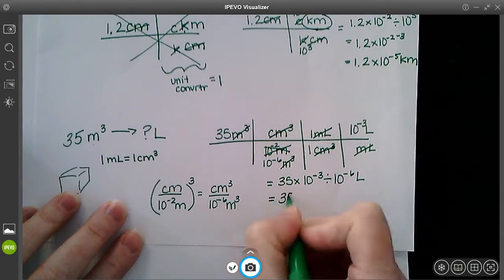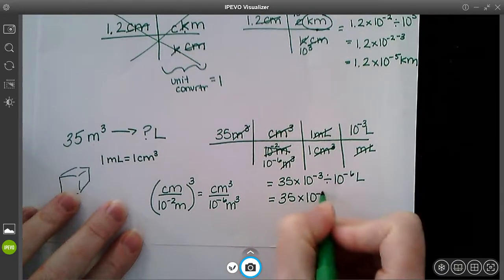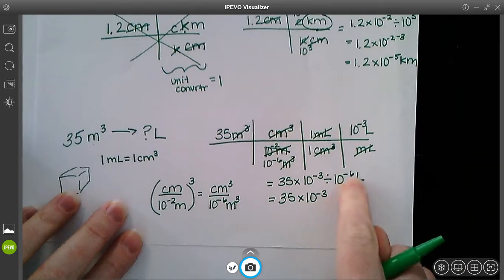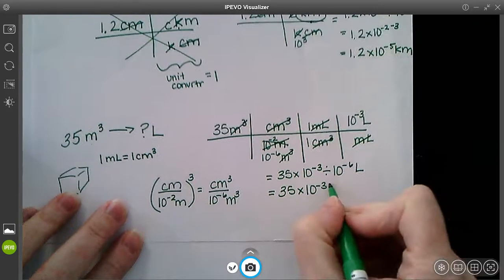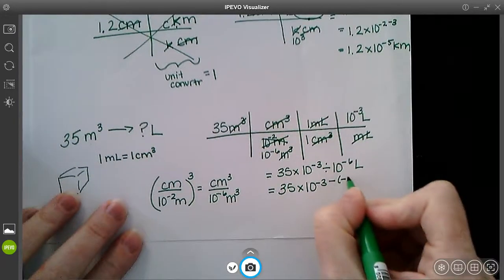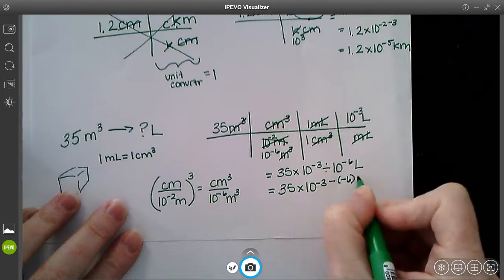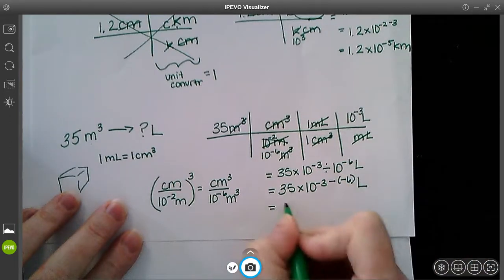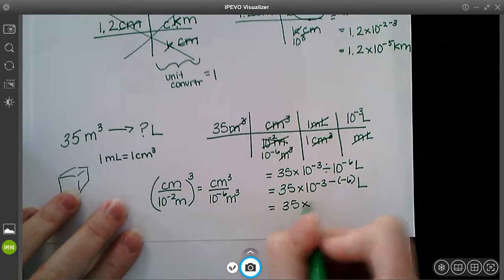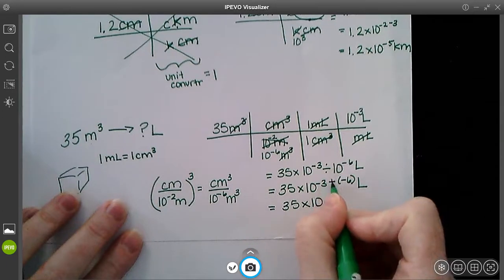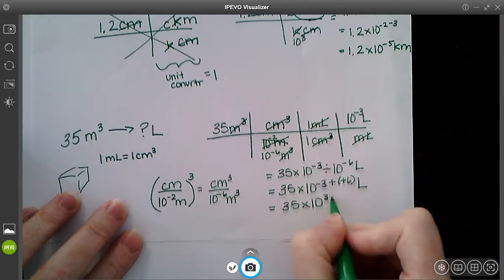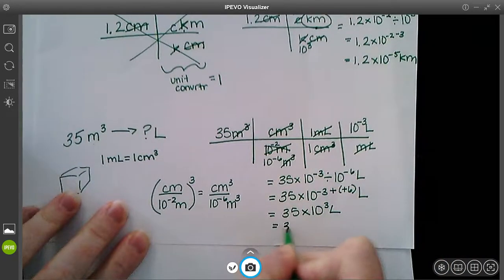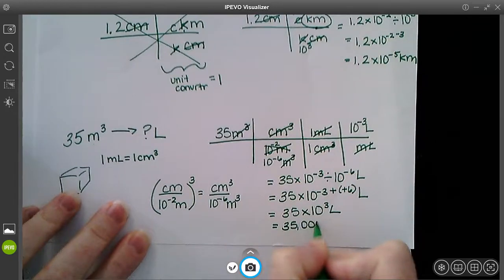Since this is divided by 10 to the negative 6, we subtract that negative 6. If this were multiplying, I would add the negative 6. So it's minus for the division, and negative because of the sign of my exponent. Negative 3 minus negative 6 becomes plus 6, so this is 35 times 10 to the third liters. There we go.